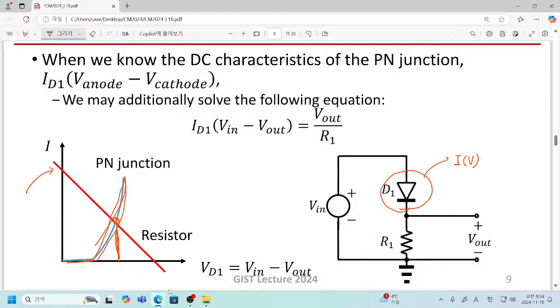So this is a two-step method. The first step is identifying the IV characteristics of each component. After that, collecting them all by solving at the SPICE level. So SPICE can do it. Then who can provide us this kind of blue curve?